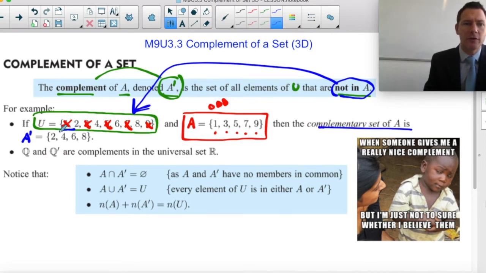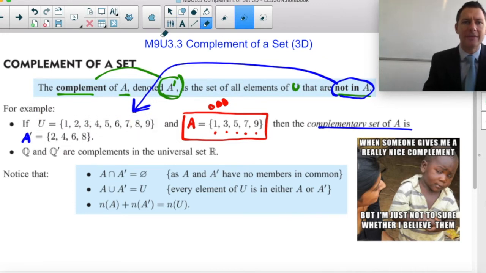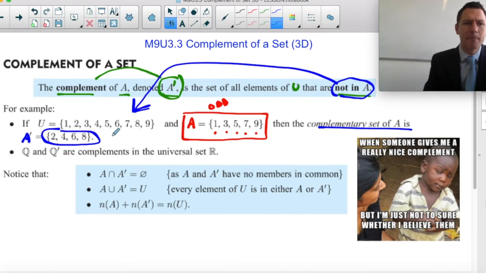And what's left is 2, 4, 6, and 8, right? So I want basically not the odds. So therefore you get the evens. Surprise, surprise, right? Notice that in this group, we don't have like 1.7. 1.7 doesn't show up here.